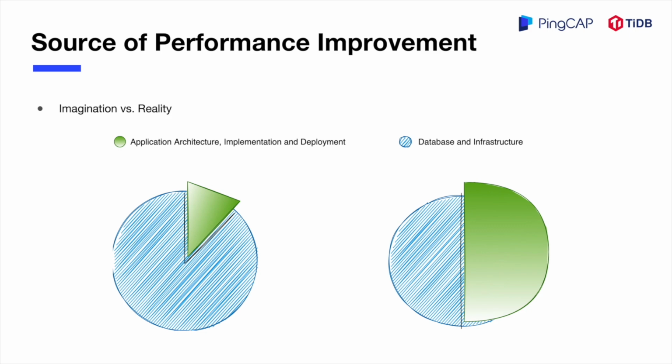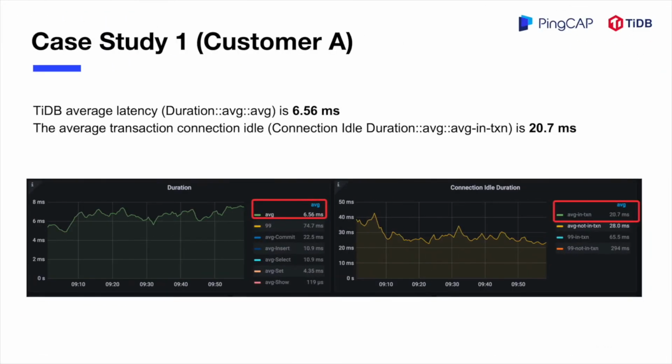However, in multiple POC processes, we found that approximately half of the performance benefits come from outside the database, such as the application architecture, deployment methods, and coding practice, and so on. Subsequently, I will use two practical cases to illustrate why we advocate for looking outside of the database before tuning the database.